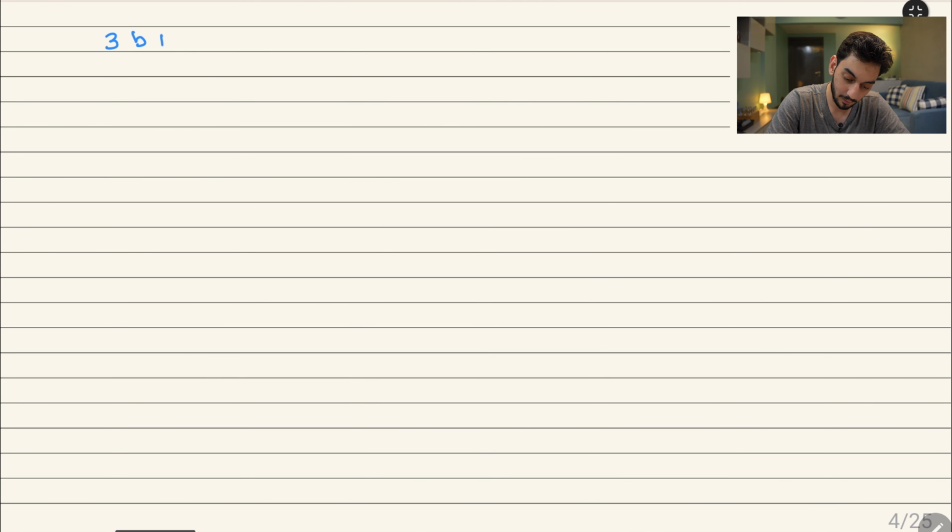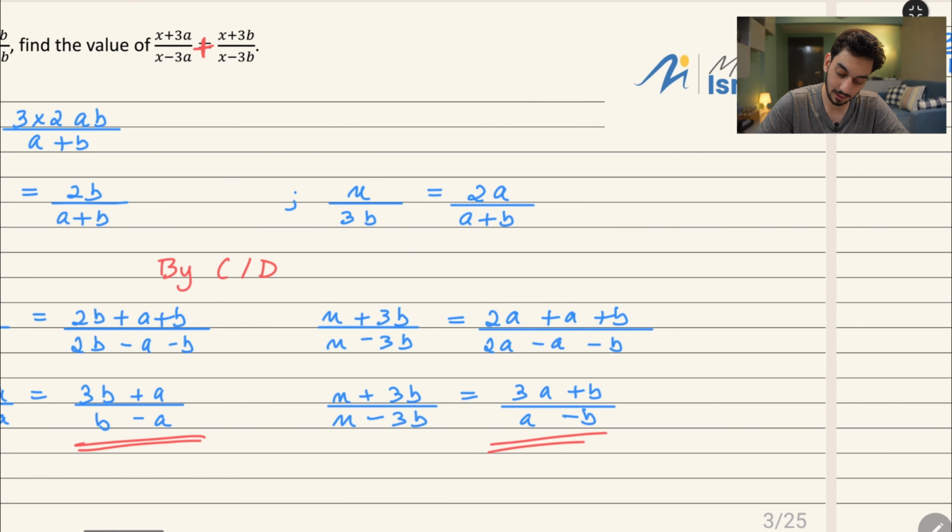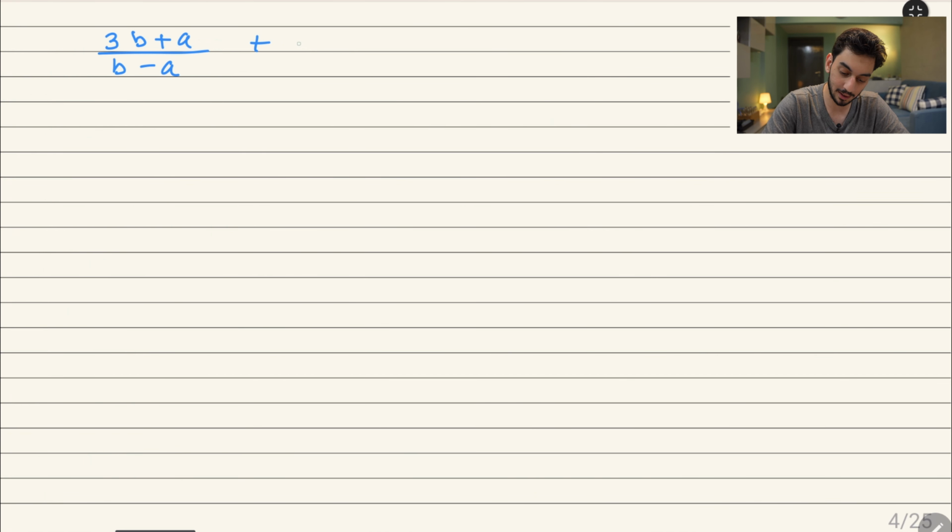So 3b plus a upon b minus a plus 3a plus b upon a minus b. Now these are not like fractions because the denominators of both the fractions are different. In order to make them like fractions, I'll have to factor out a minus sign from the second one.